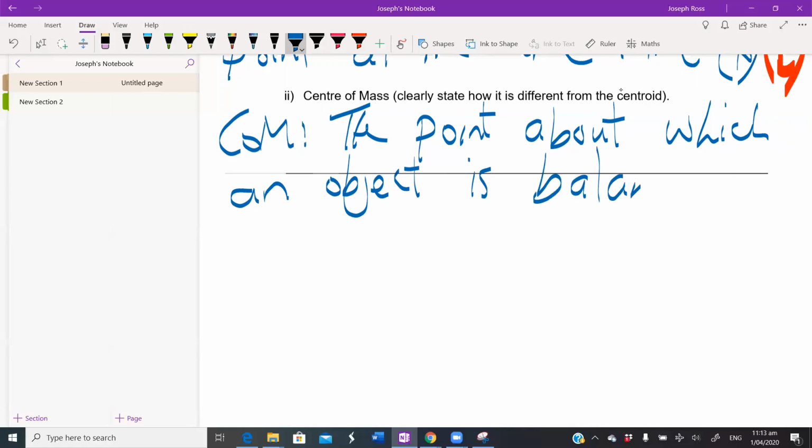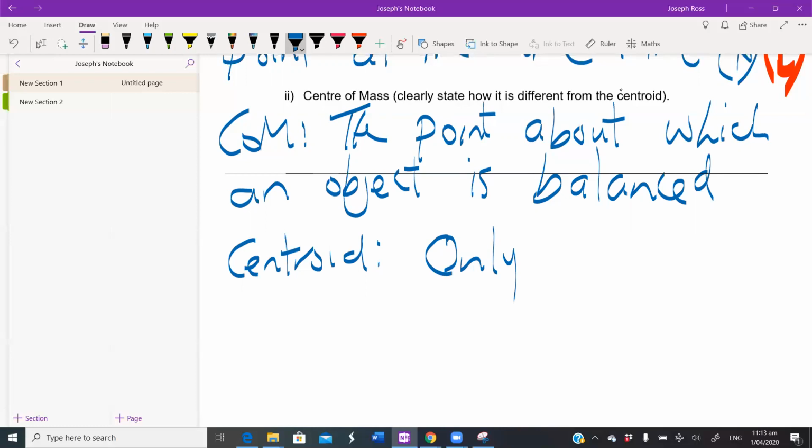So the center of mass is the balance point. And the centroid, because it did ask you to state how it's different from the centroid, is only the geometric center of the object. In other words, it's just the center of the area.